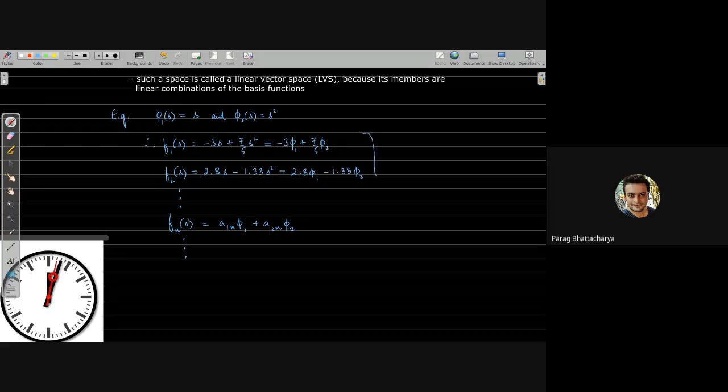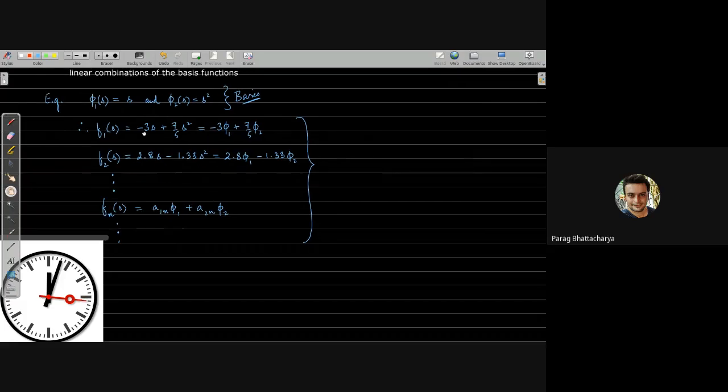So all of these functions which we are able to construct using this basis. So this is my basis. It's a linearly independent basis, and we can get each and every function using this basis.